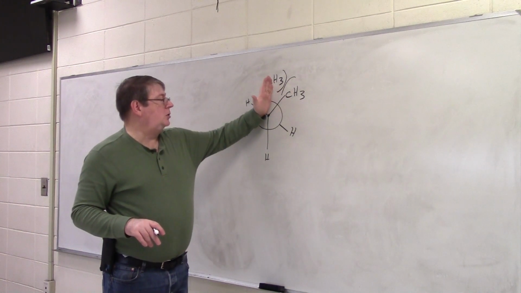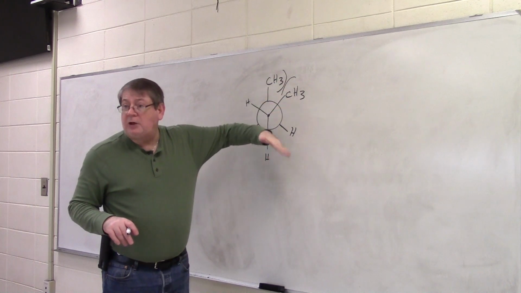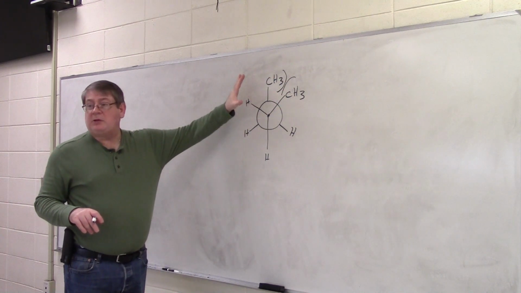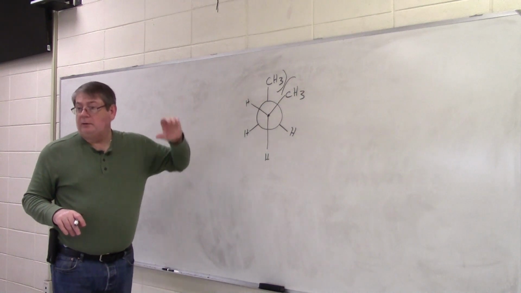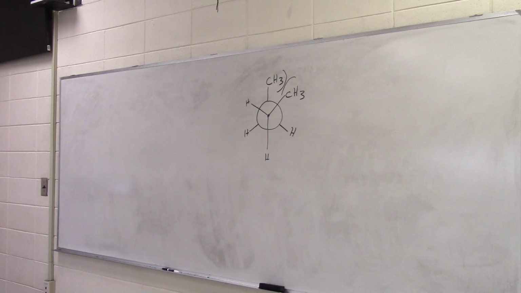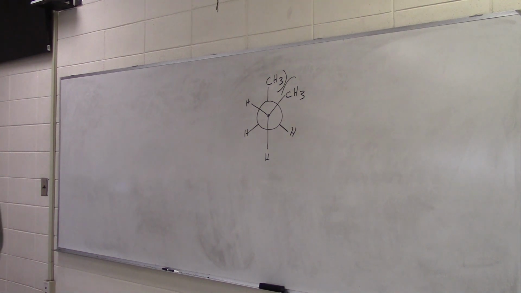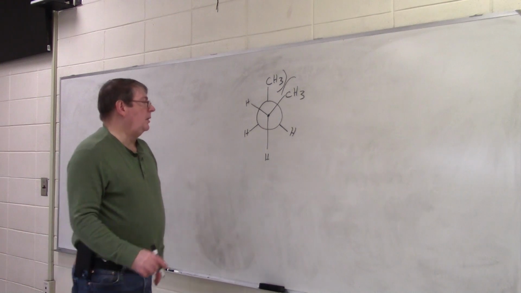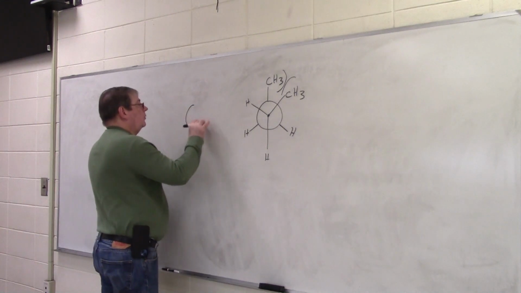These things are getting so close to one another that they start to repel each other. And so as the big groups get close to one another, we have this so-called torsional strain, and it's really the atoms pushing back on each other to get as far away as possible. So it's more stable when they're farther apart. Yep, the bigger group wants to be farther apart.